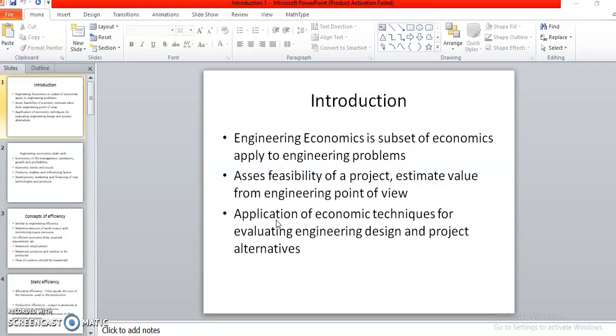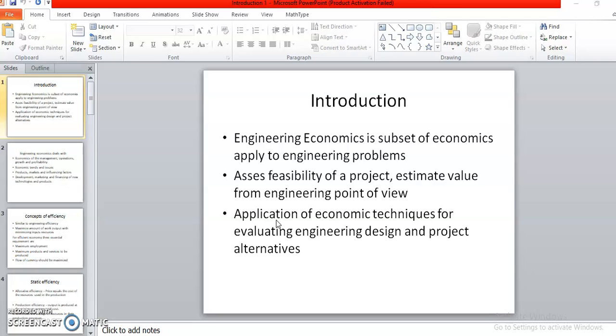So engineering economics is a set of economic techniques applicable to engineering projects. By applying these techniques, we can reduce the cost of that project, and we can increase the economy of that particular firm by reducing that cost.